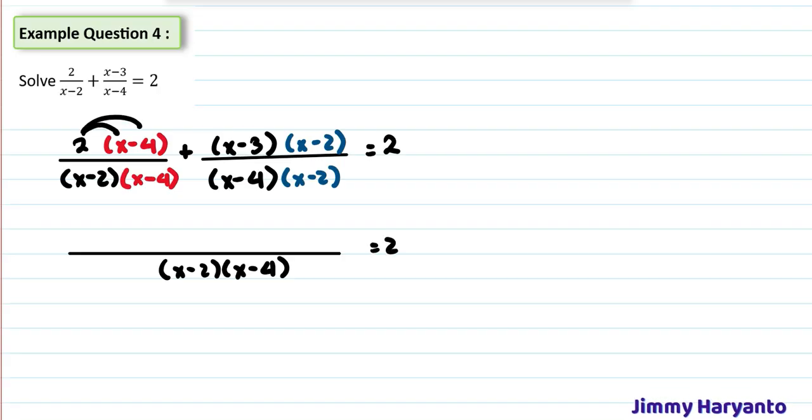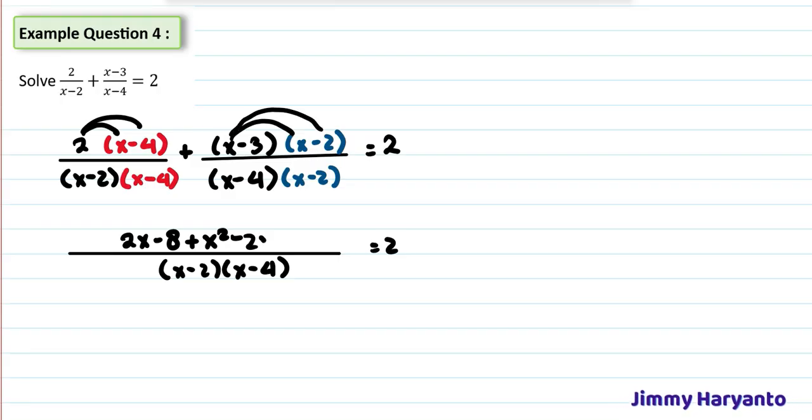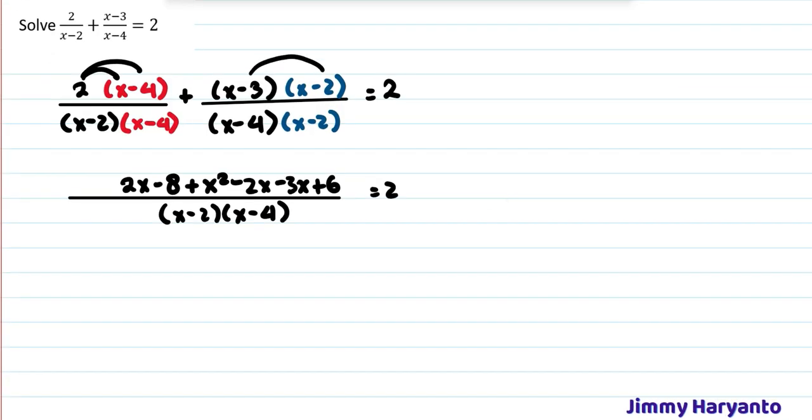And then for the top part, you only have to multiply it like that, so you have a simpler expression. This one is negative 2x, and then this one is negative 3x, and the last one is positive 6. Okay, and then just simplify the top part.